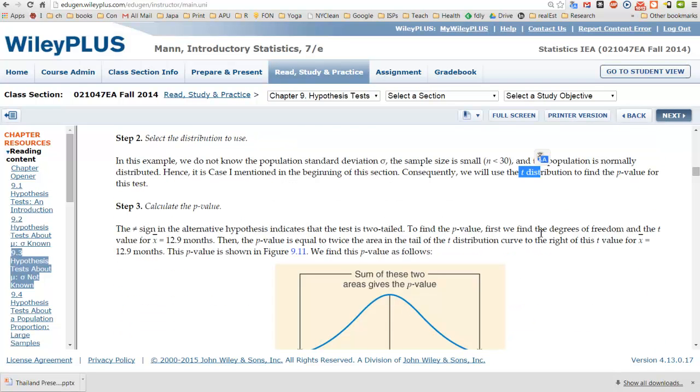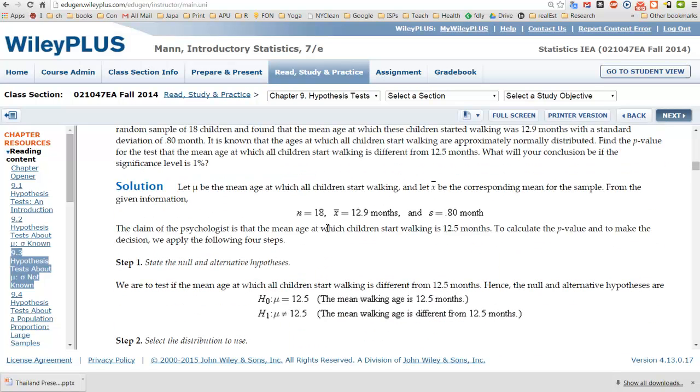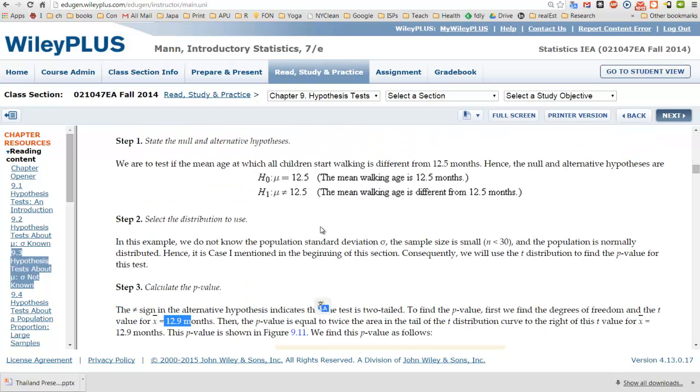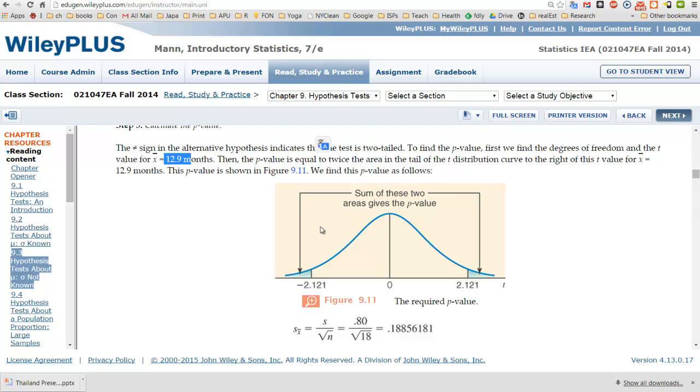To find the p-value, first we find the degrees of freedom and the t-value for 12.9. Degrees of freedom just means what? The sample was of size 18, so the degrees of freedom is one less than that, so it's 17. The x bar was 12.9.